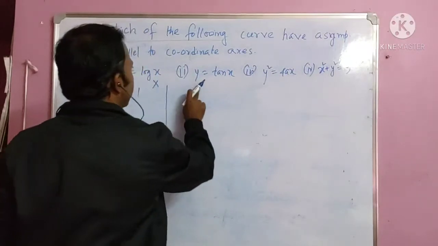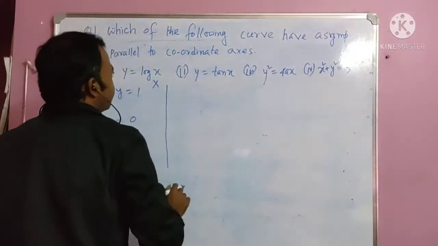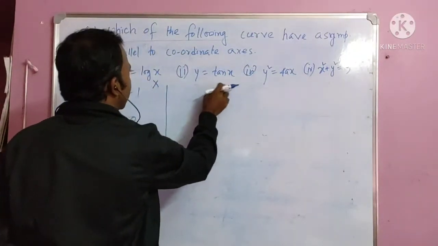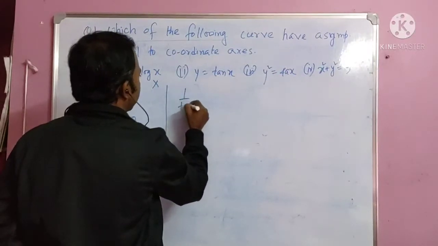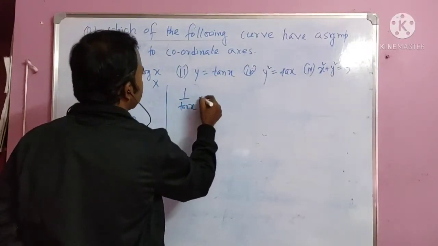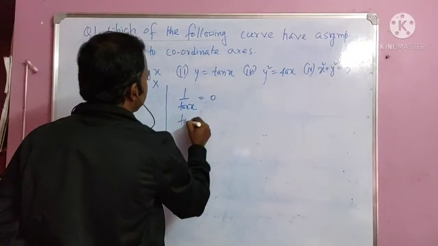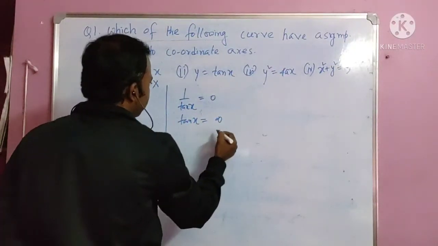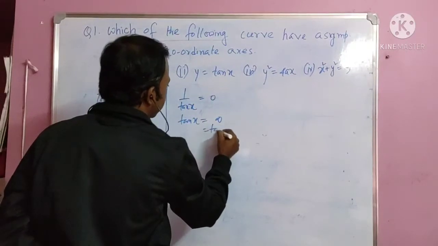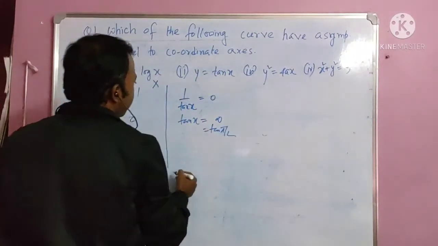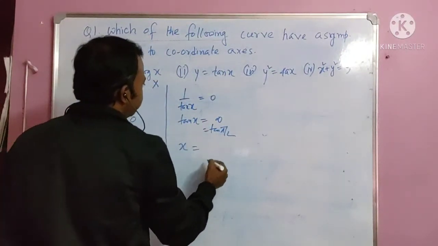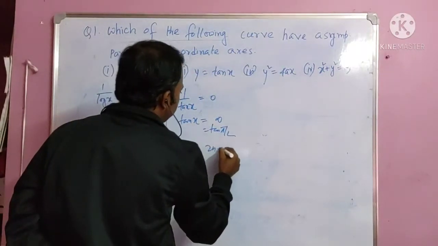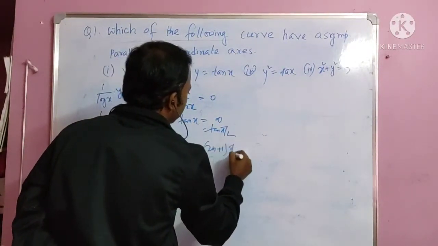Okay, for number 2, y equals tan x. It has the coefficient 1 by tan x equals 0. So tan x equals infinity. That gives infinity equals tan pi by 2. That gives x equals (2n plus 1) pi by 2.